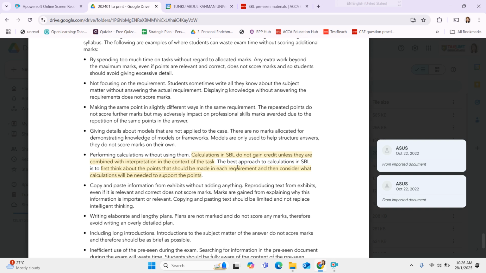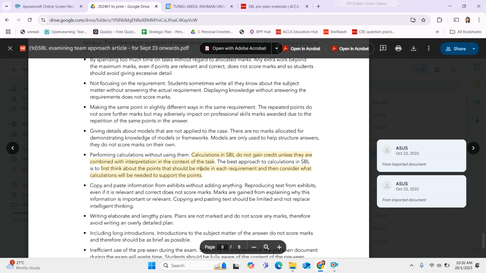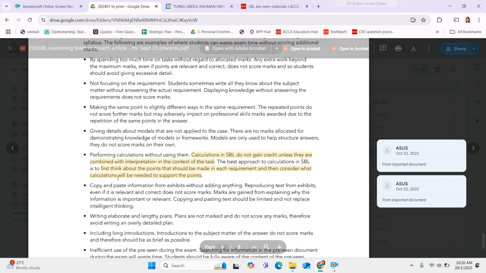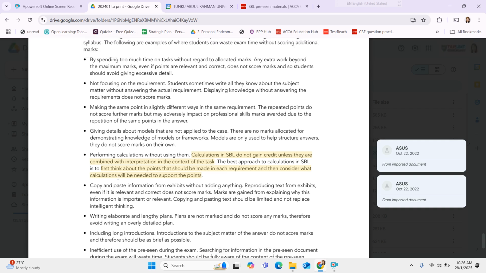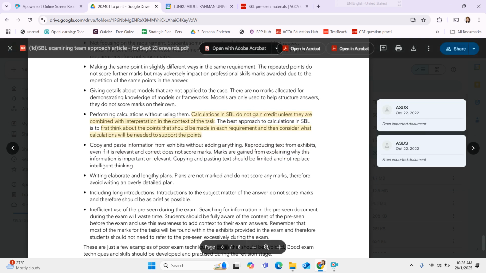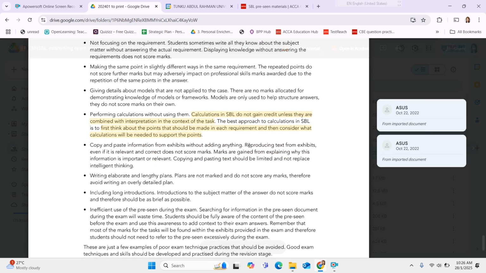But only using them without explanation, those figures or calculations will not give you any marks. So when you use a figure, you got to know why you use it and how it helps your justification, right? You have to think about the points that should be made in each requirement and then consider how calculations can support your justification.